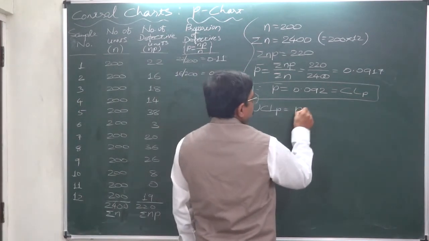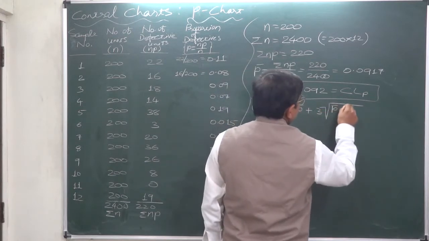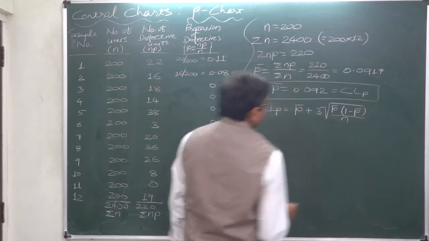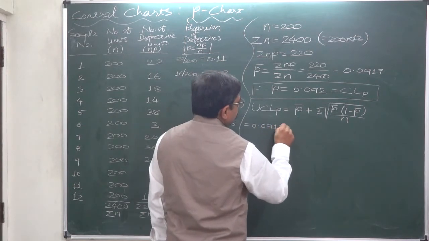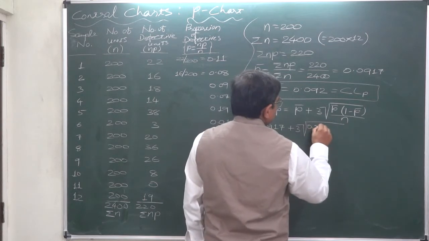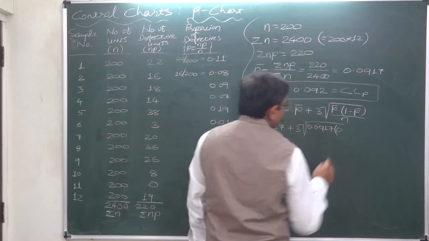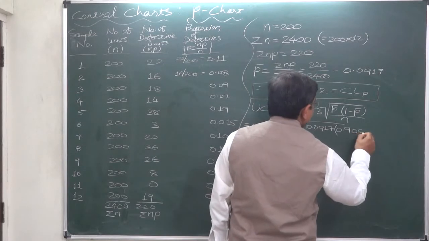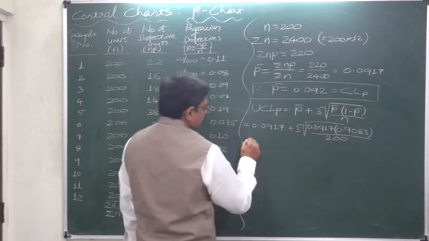The formula is P bar plus 3 into under root P bar into 1 minus P bar upon N. So that is 0.0917 plus 3 into under root 0.0917 into 0.9083 divided by 200, the individual sample size.